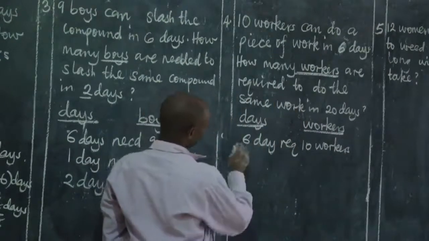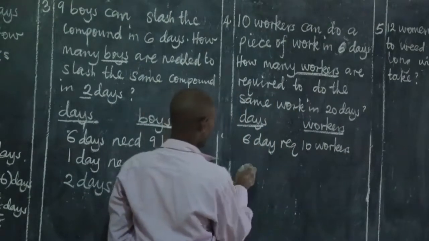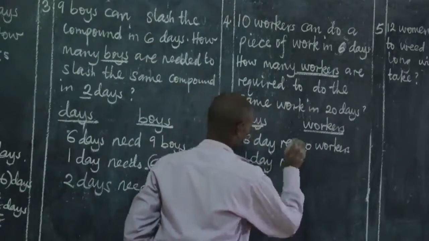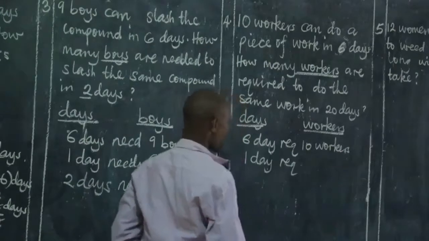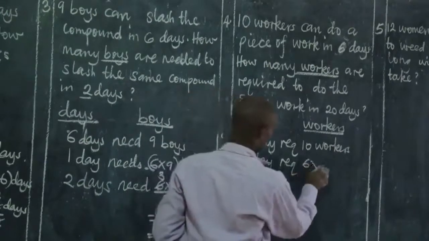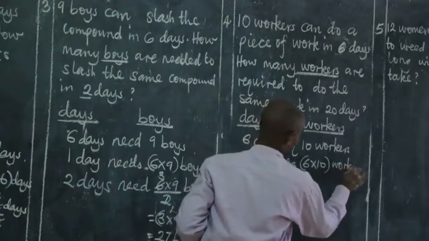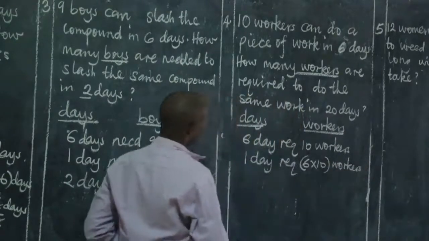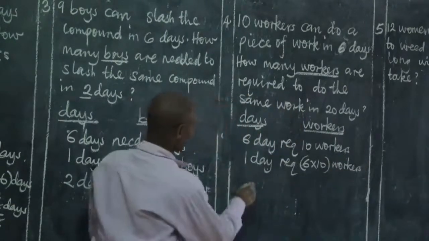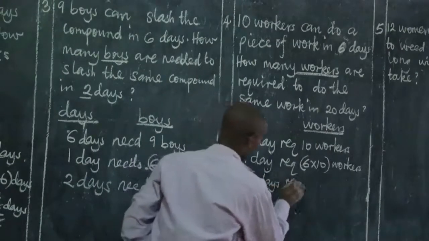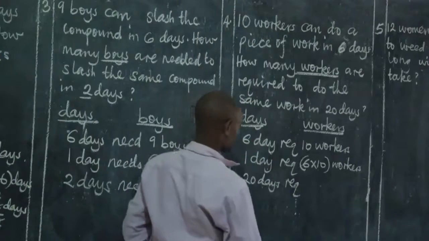What about if I want this work to be done in 1 day? So this one will require more workers. So it is going to be 6 times 10 workers. What about if I increase from 1 to 20 days? So these ones will reduce the burden.